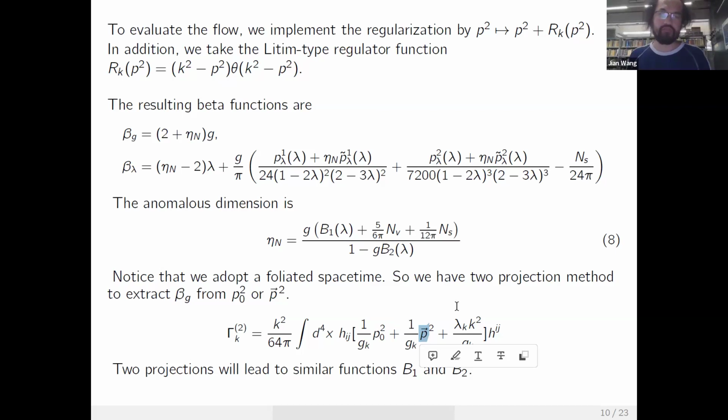I will not show the specific form of those functions for different projections in this talk. If we have time at the end of the talk, I will give a picture of the plot of those functions.